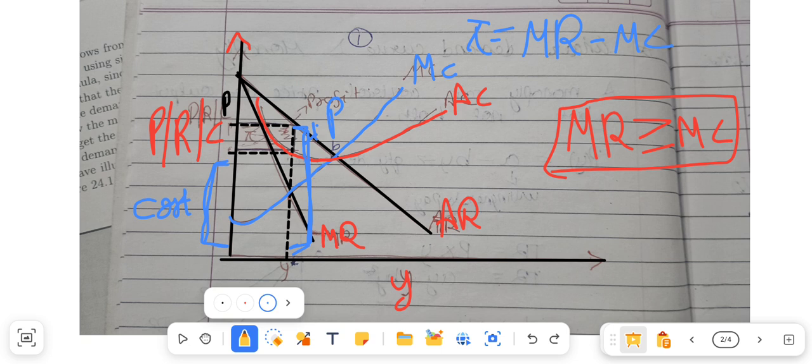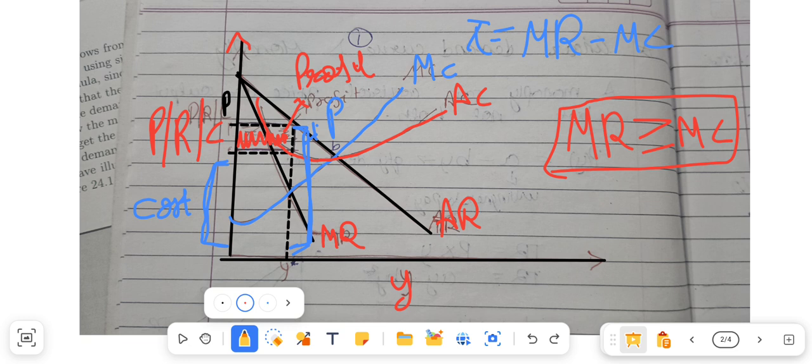So he's selling it at this price, and the cost of making an output is this. So the area which is left for us and is shaded in red is the profit that the monopolist is earning.